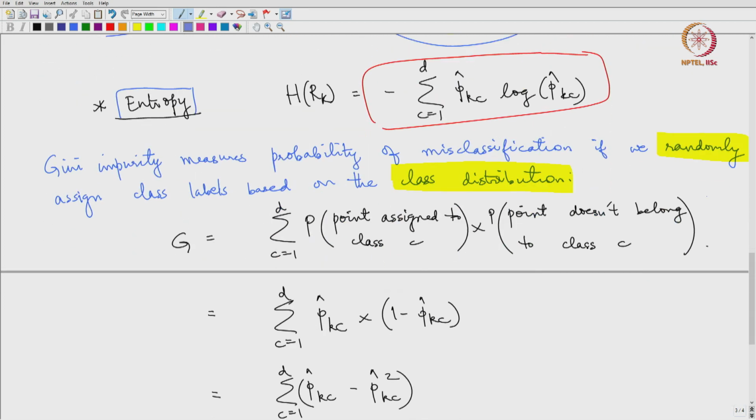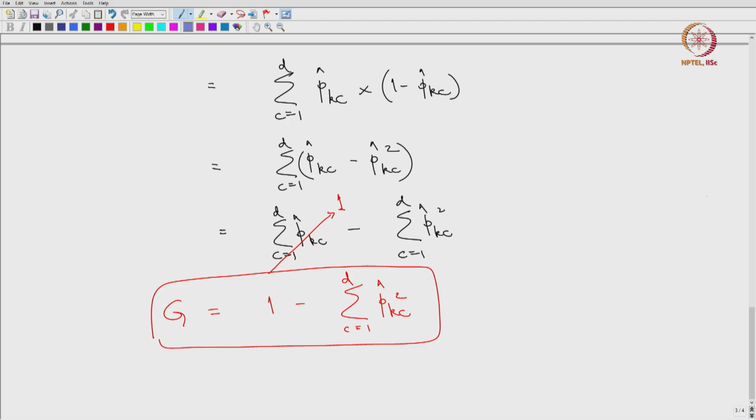One point I want to mention before we go ahead is that if p hat k c is 0 or p hat k c is 1, your Gini impurity is 0. Why? Because there is only one class in the region, so there is a lot of certainty, and we should like those kinds of regions.